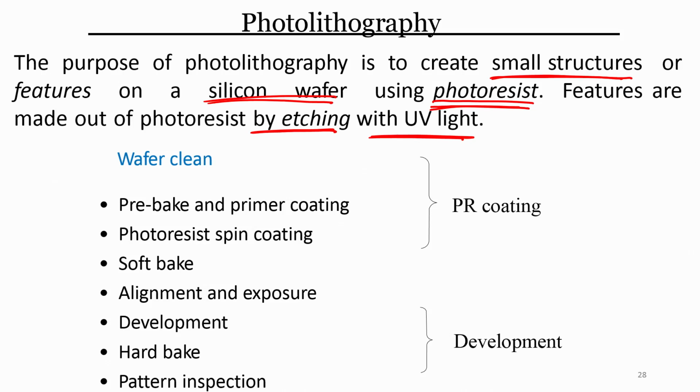There is a polymer involved, and that polymer is called photoresist. This is a photosensitive polymer, and we will be using this polymer to create several features by etching the polymer with the help of UV light.